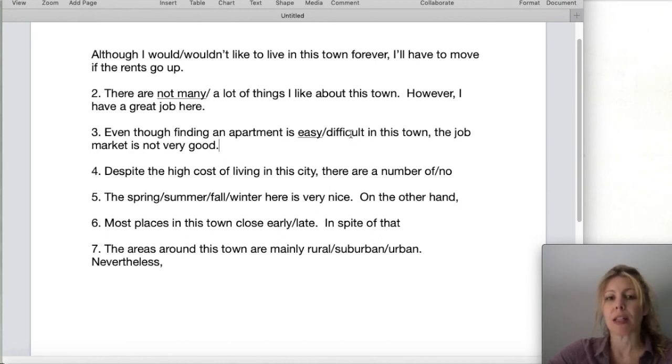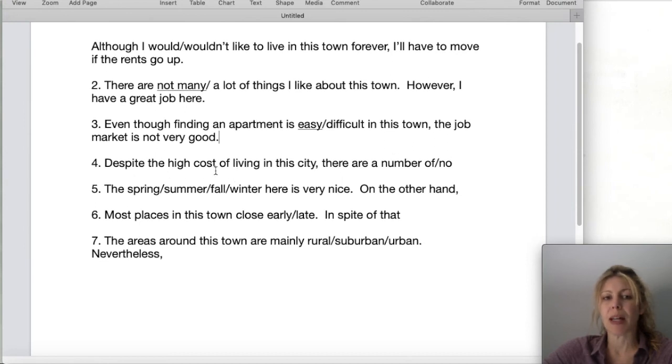You could say, even though finding an apartment is difficult in this town, the rent is great. That's why it's difficult, because everybody has found an apartment or a house. So it's difficult to find, but the prices are great. Okay, something like that.